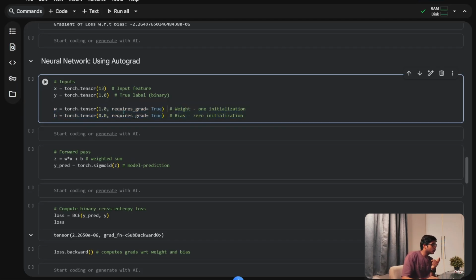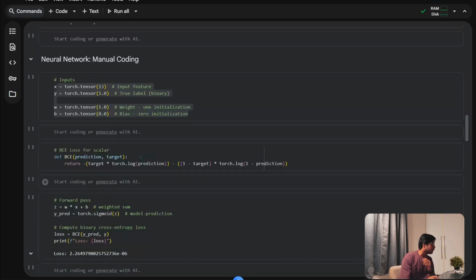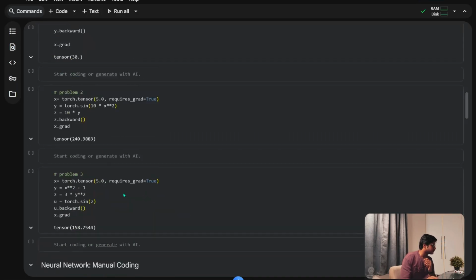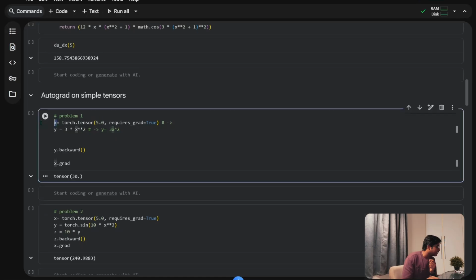But please make note over here that we have to set requires_grad equals true on both weight and bias. Why weight and bias? Because we want to find the gradient with respect to weight and bias. In this equation, we did requires_grad on x.